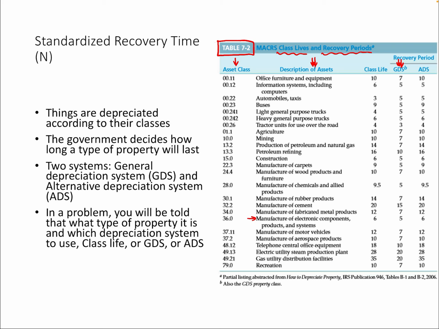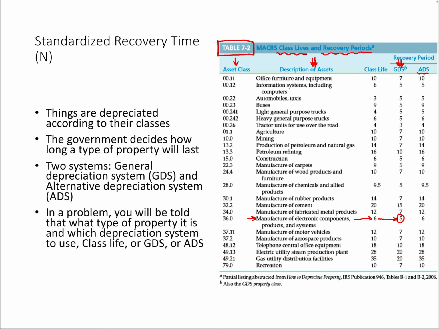So that is your class. And for this class, you need to find out the recovery period under the GDS system. So here, 5 is the number of years that asset can be depreciated.